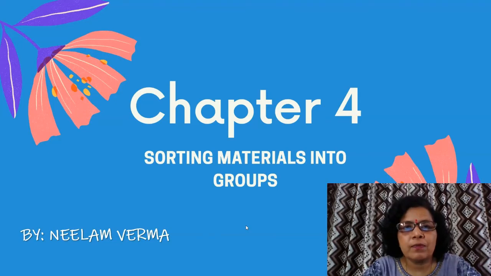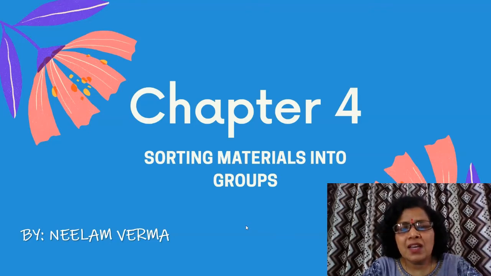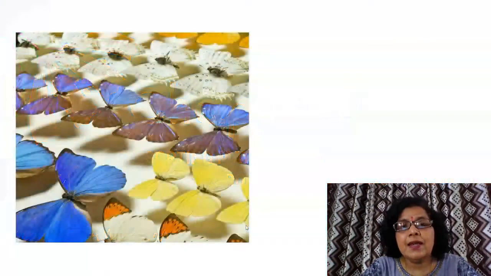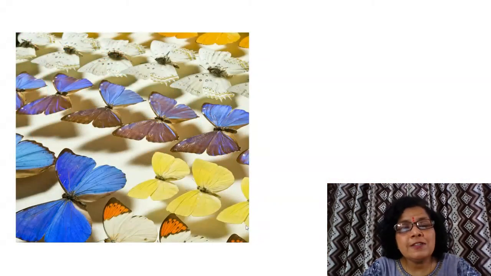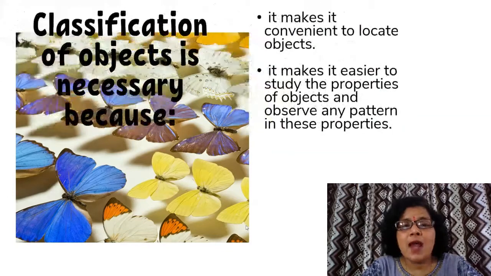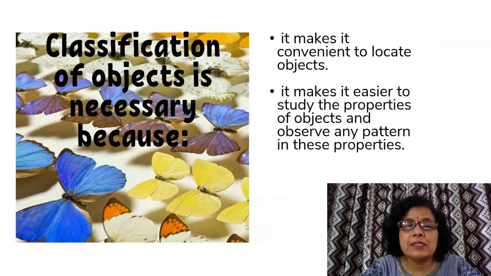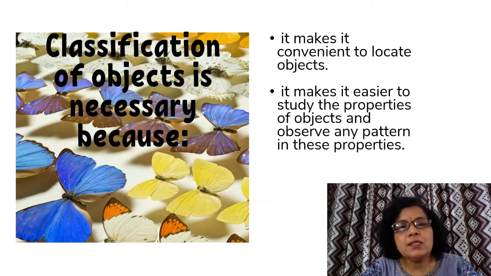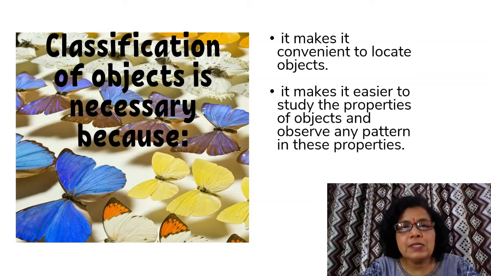Division. What's the need of division? What's the importance? Is it really important? Yes. It is really important to classify objects, and this classification is necessary because it makes it convenient to locate objects. Suppose you are in search of an utensil.